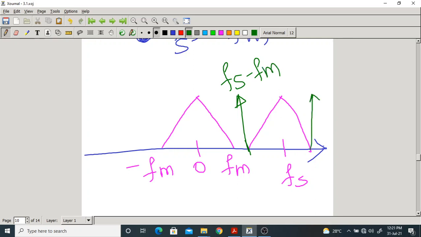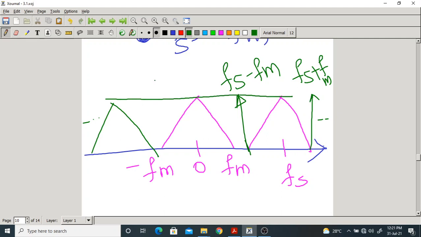This point would be Fs plus Fm. So you get one more copy here, and it goes on like this. All are scaled by Fs. What is this? M of f. What is this? M of f minus Fs. What is this? M of f plus Fs, and so on.